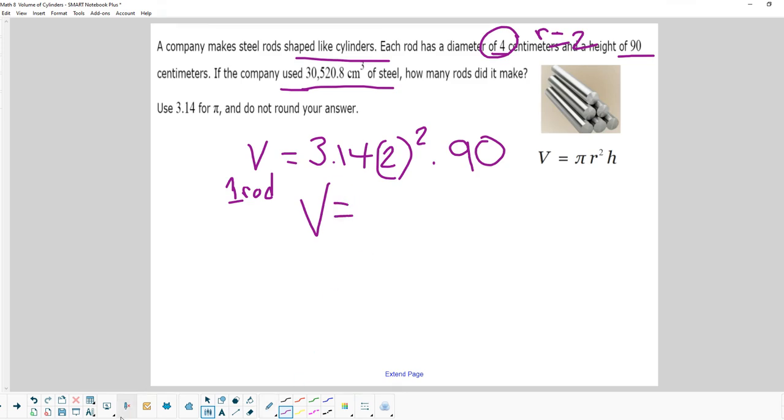So calculator, 3.14 times 2 squared times 90, and that equals 1130.4 cubic centimeters for one rod.